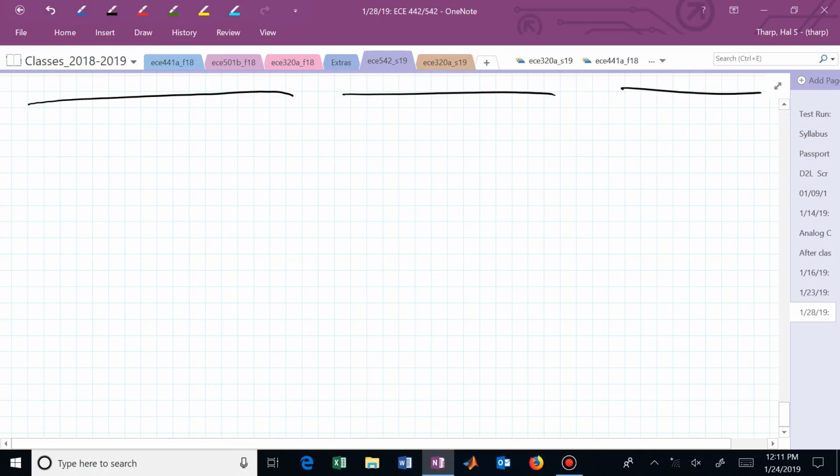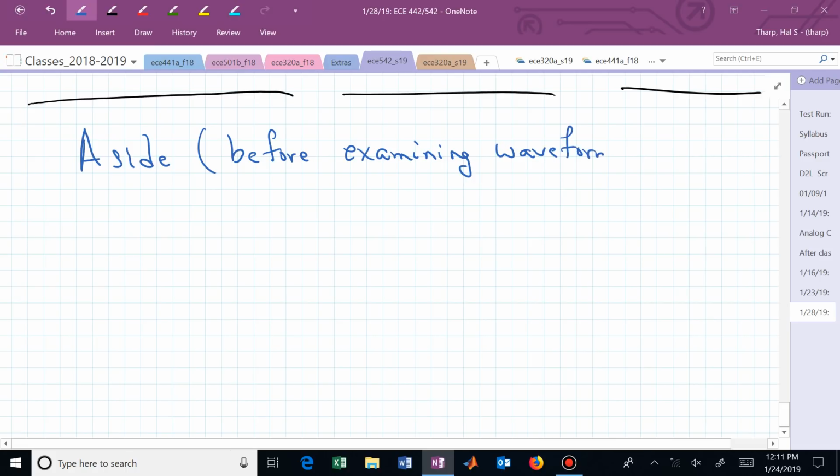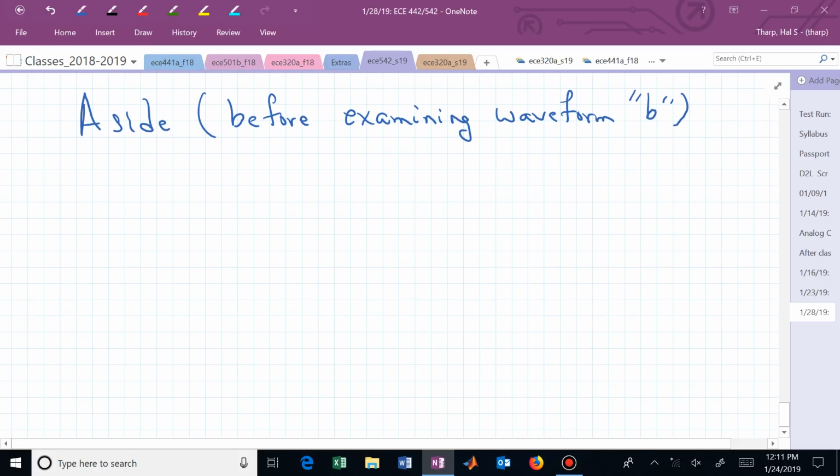Let's now look briefly at an aside before we look at common waveform B in this discussion. Before examining waveform B, let's take a little bit of an aside.